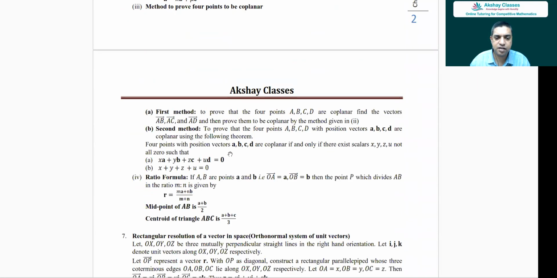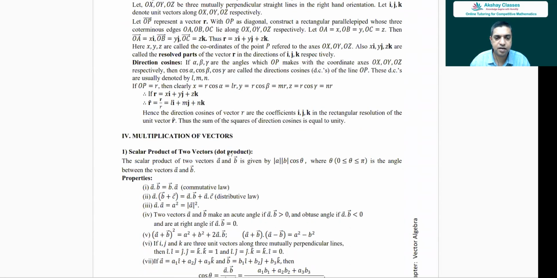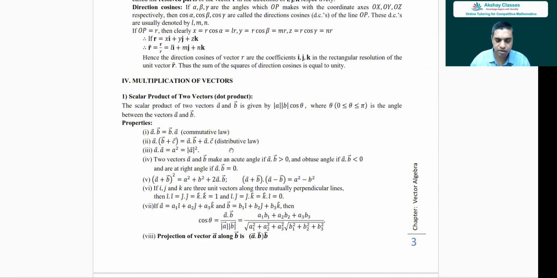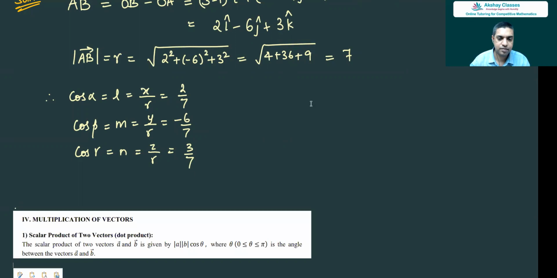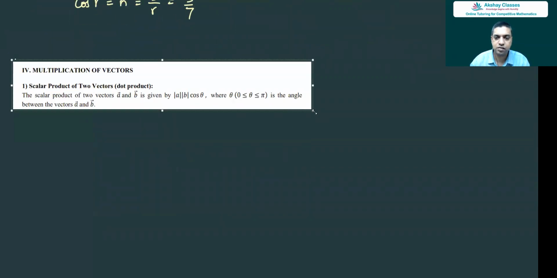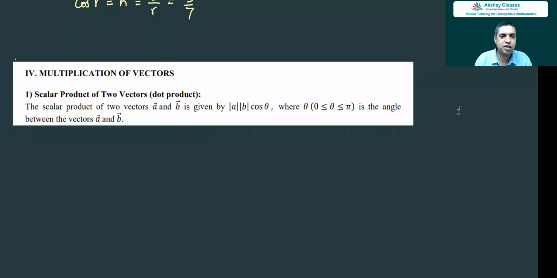So once we have covered direction cosines, now the next very important one is the multiplication of vectors, beginning with the scalar product. So multiplication of vectors.